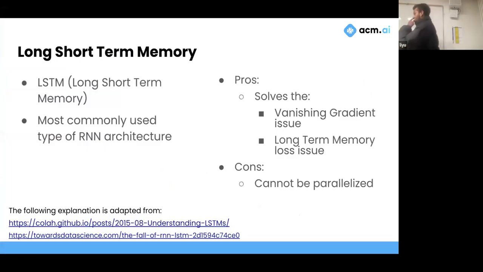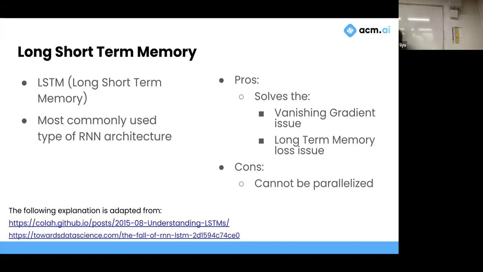So long short-term memory, right? It's kind of like an RNN, but with steroids a little bit. It's like a much more powerful version of an RNN. It still has that recurrent neural network structure, but now it has a memory state that's kept. That's very different from the memory that we saw previously, right? So pros.